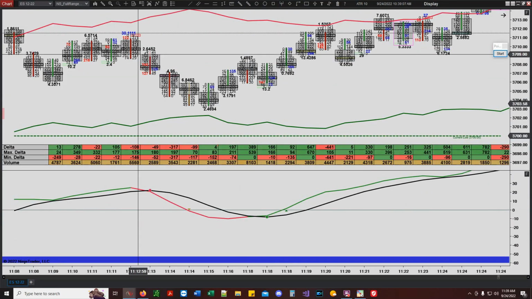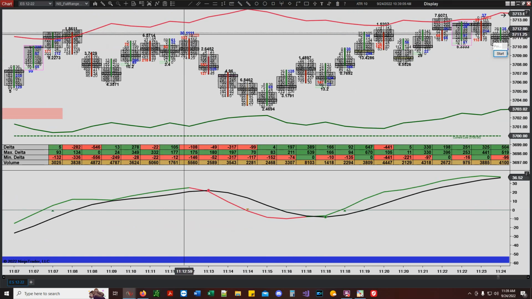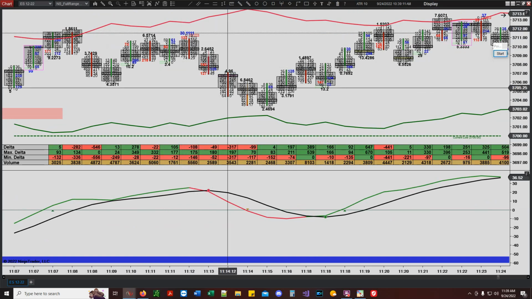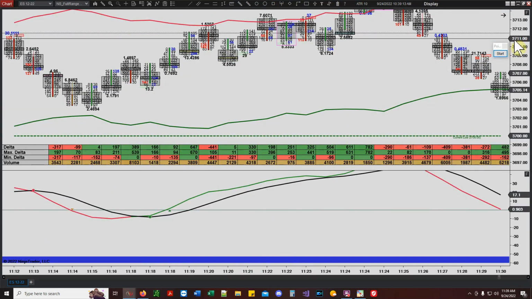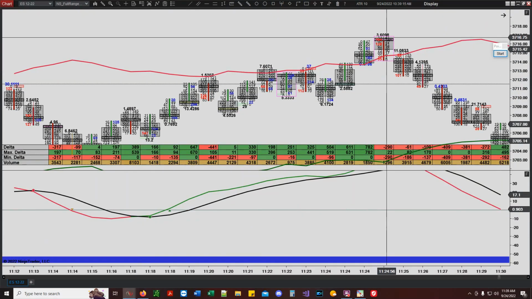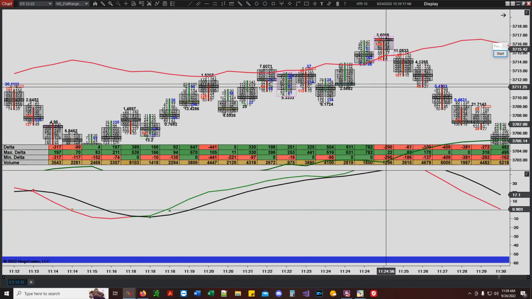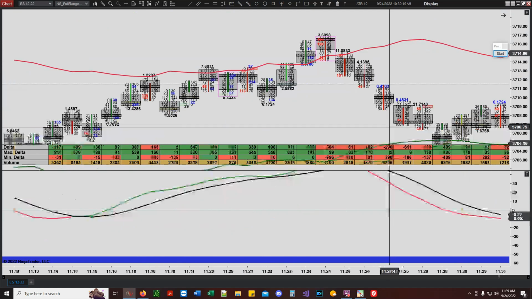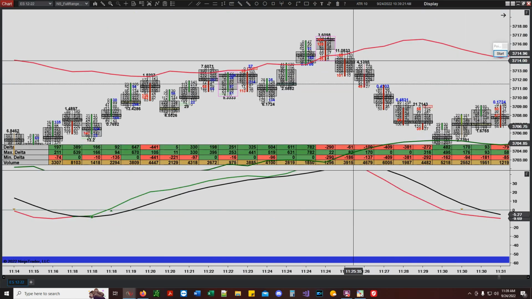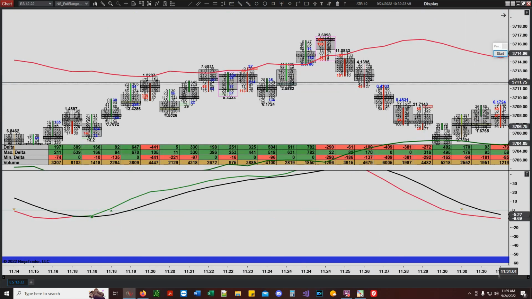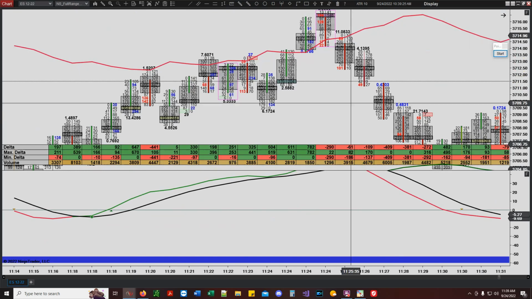But when you start putting those numbers together, you start putting this particular footprint right here, you start putting the ratios together, and, oh, it's starting to roll over here. You got an imbalance box up here, and the delta's starting to fall off. You can take a shot right here. That's the kind of stuff that I'm looking for.